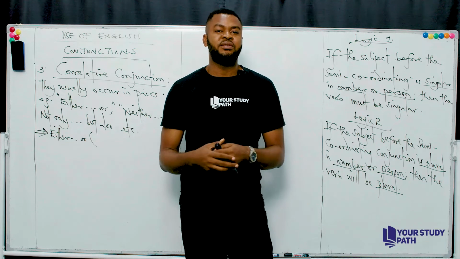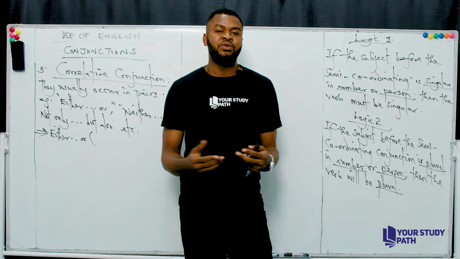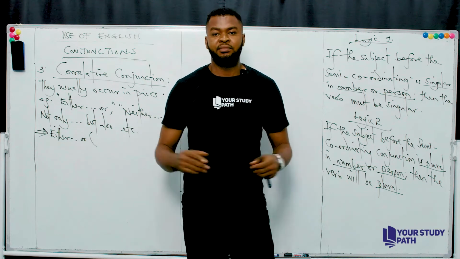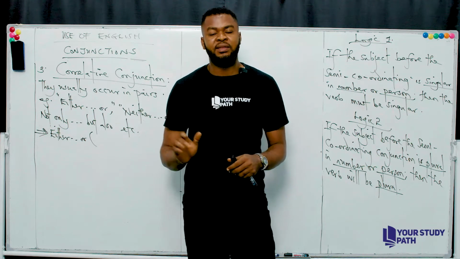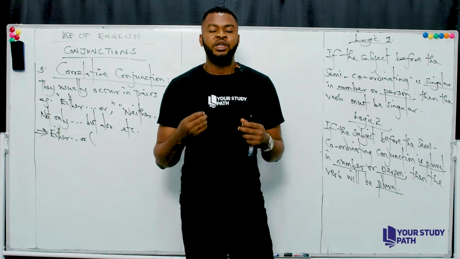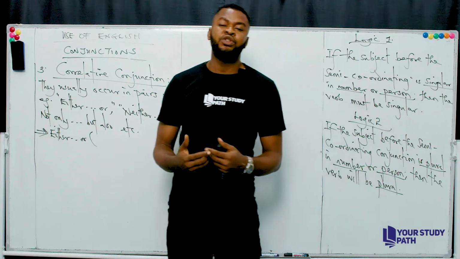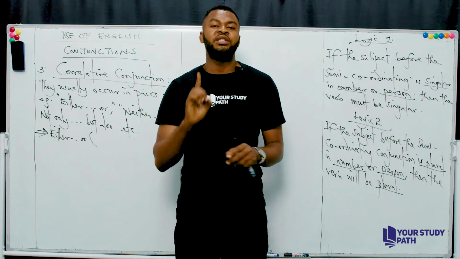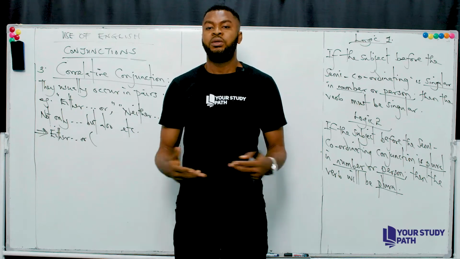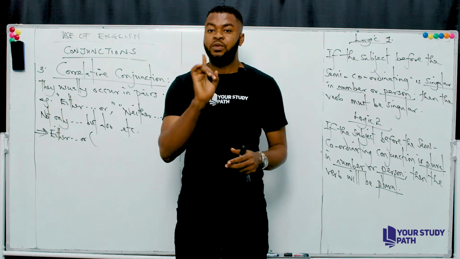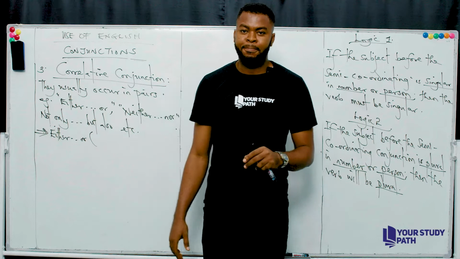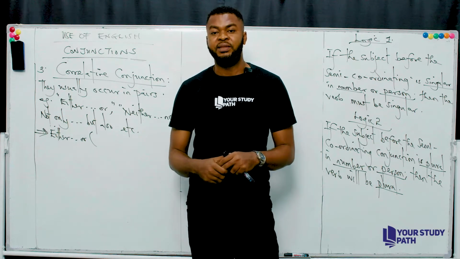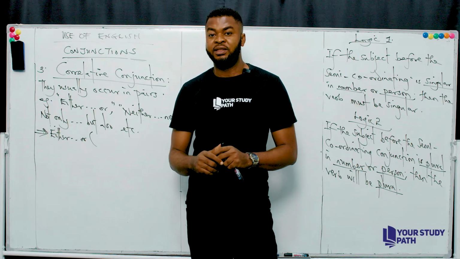Out of two things or two people, one is certain. That's what either or means. Are you with me? So if you use the expression either or, what you're simply saying is that you're talking about two things in which one is very, very compulsory to occur. The rate of occurrence for one is so high. That's what either or represents. I hope you understand this perfectly.